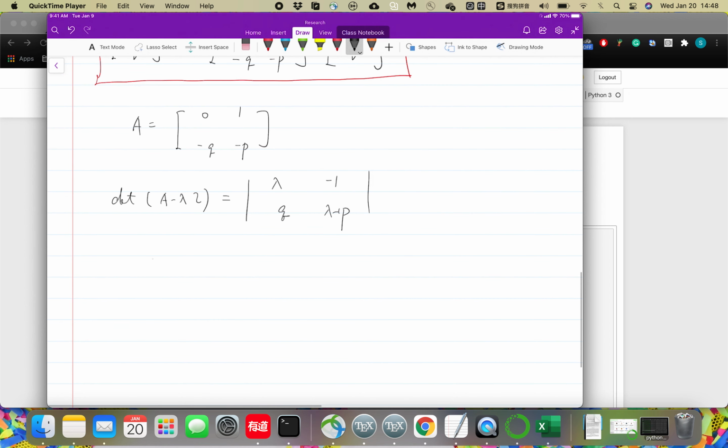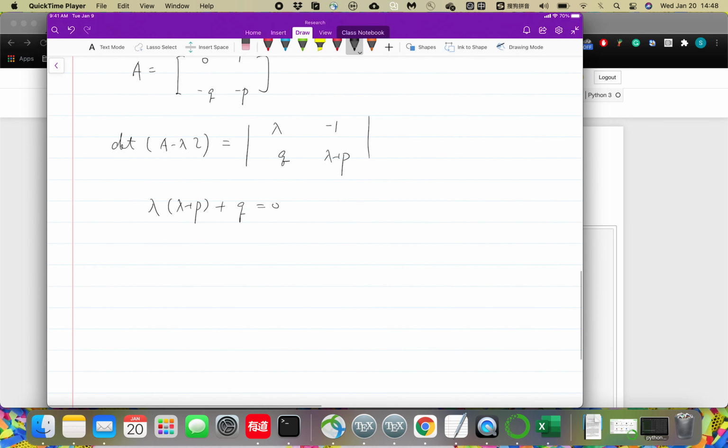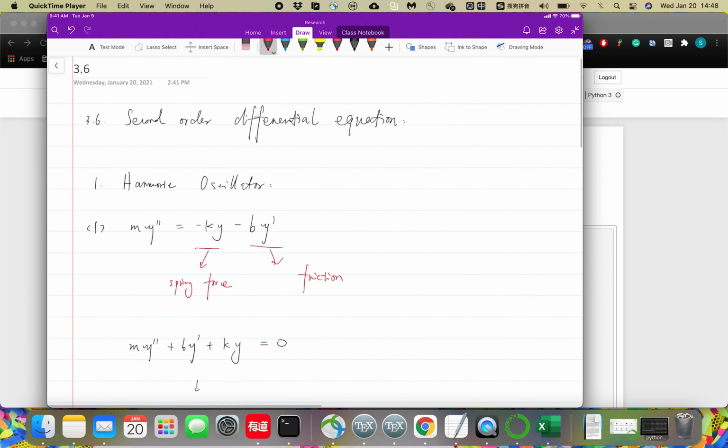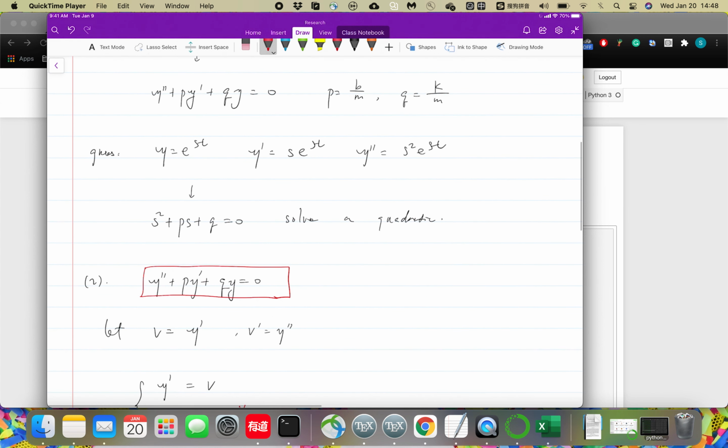Now what is that? That is lambda squared plus p lambda plus q equals 0. This is what we get from the characteristic equation. This is what we get from guessing. And now you can see they're the same thing.